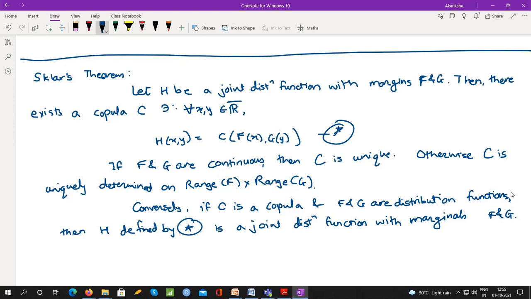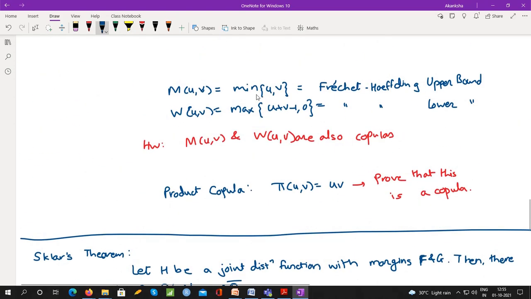Okay, one of course is you take product. If you assume them to be independent, you take product, you get one joint distribution function. But suppose I don't want independent, then take some copula, apply that copula to F and G, and then whatever you get, that becomes a joint distribution function. Got it? For example, here we have seen three copulas: minimum of u, v, maximum of u plus v minus 1, and product. So product copula will be used if I assume independence.